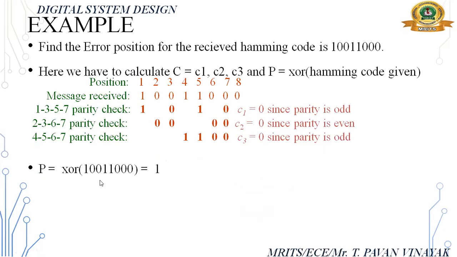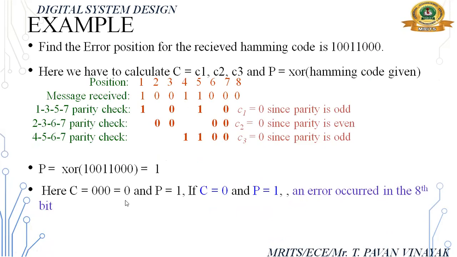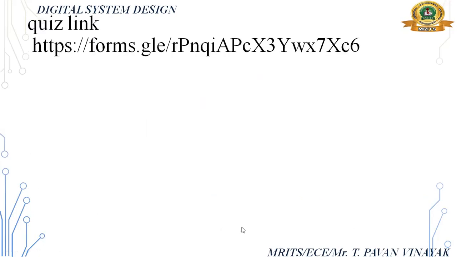P is XOR of all numbers, so 1. C is equal to 0, P is equal to 1 means error occurred in the 8th bit, right? So this is the error. So the correct one is this one. Okay. Thank you.